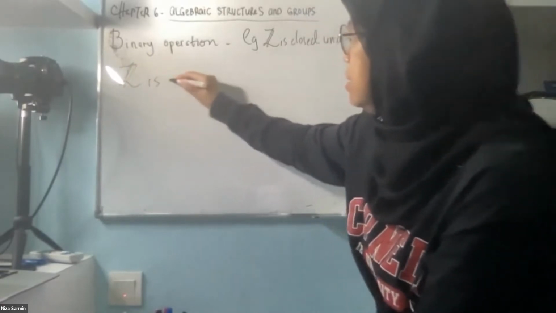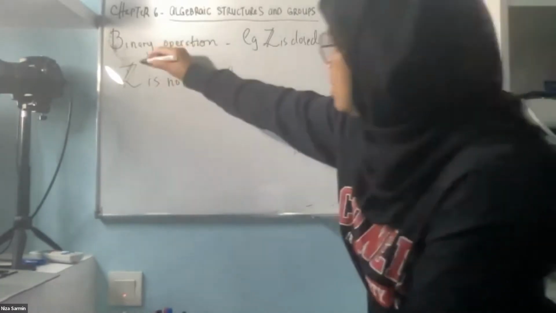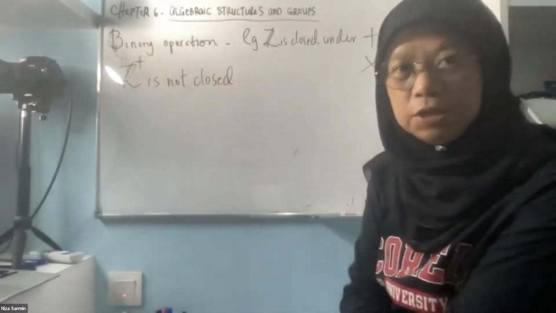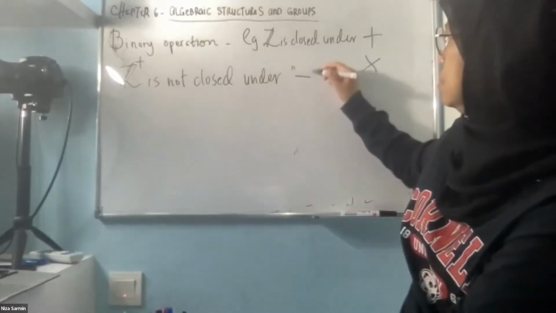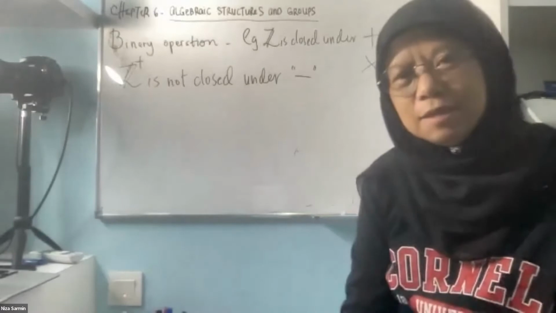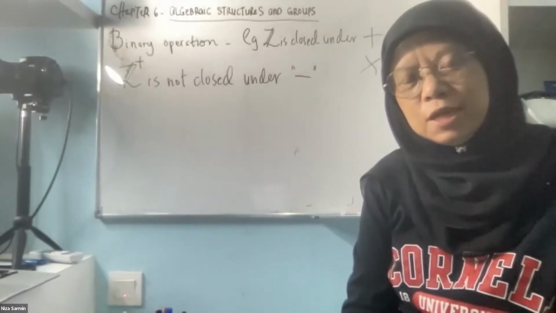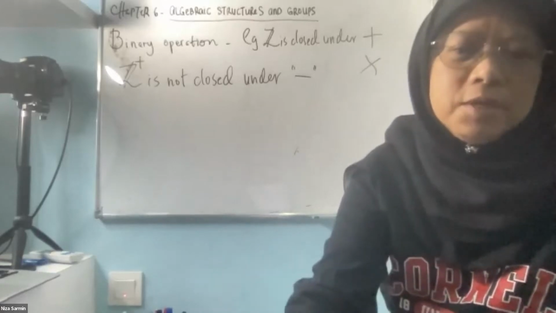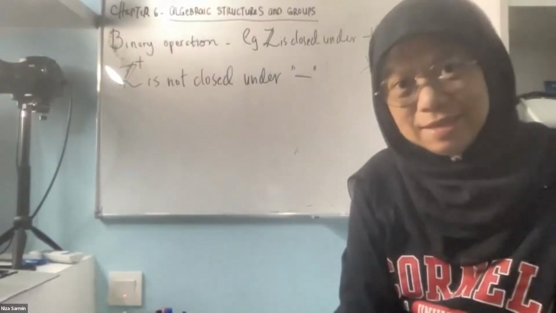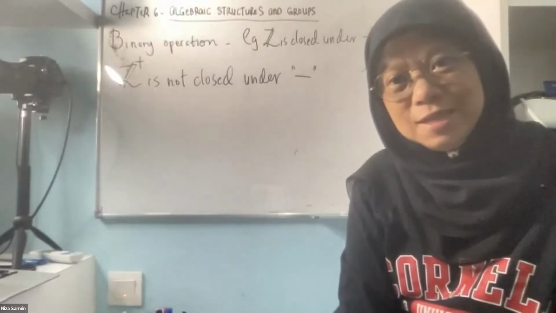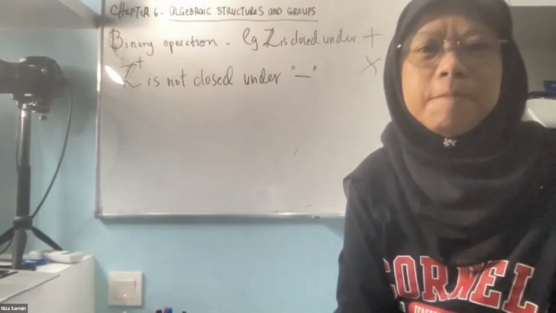Z plus, yeah, I put positive integer is not closed under subtraction. Positive integers, they are not closed under subtraction. Because I take a 2 and then I take a 3, right? 2 minus 3 is not positive. That's an example.